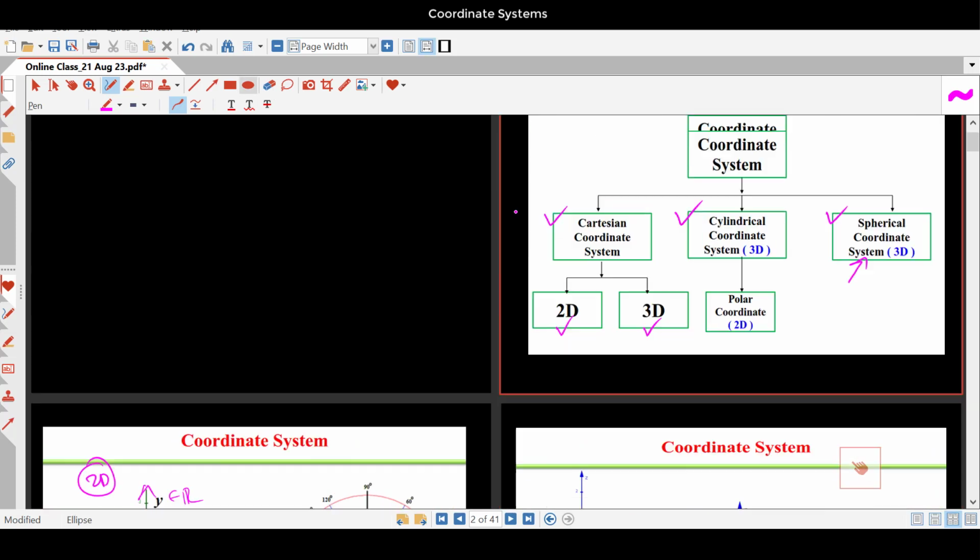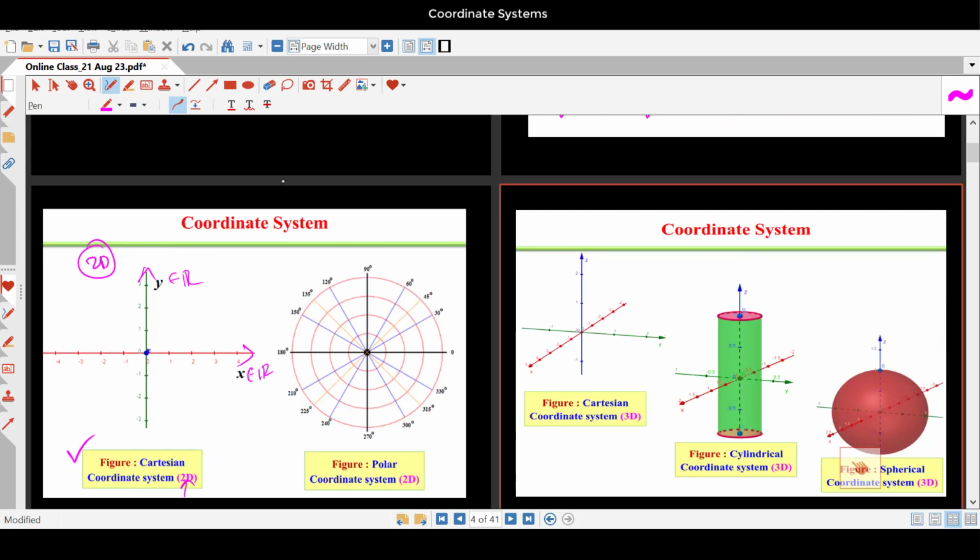Similarly, the polar coordinate system looks like this. Here we have r comma theta as the point, and in the Cartesian coordinate system 2D we have x comma y as the point. So you can see the difference between the Cartesian coordinate system in 2D and the polar coordinate system.